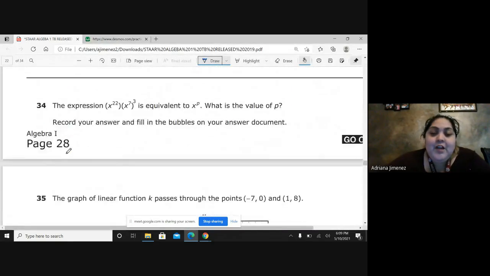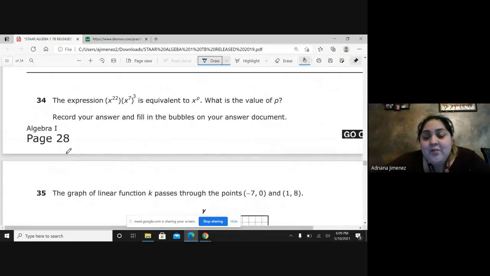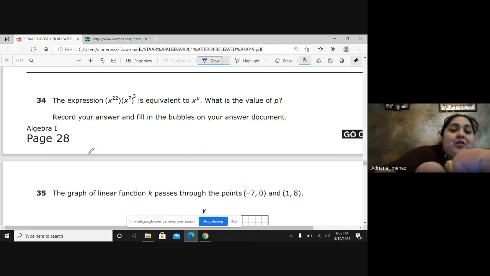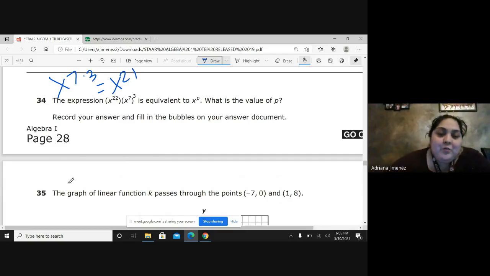All right, this one right here. This is an open-ended question, but we already did something like this. We did it with parentheses, and we know that the formula chart said that you multiply the 2 things. So that would be x^21. But now what do we do with these 2, with x^22 and x^21?